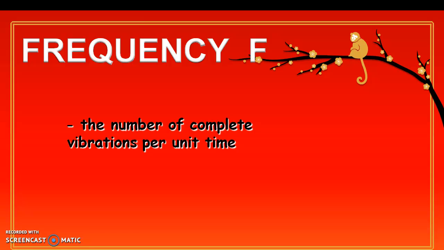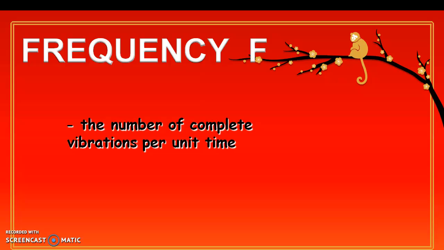How many times it will occur for a given time. The number of cycles completed for a given time. The number of cycles or oscillations or vibrations completed per unit time is the frequency.